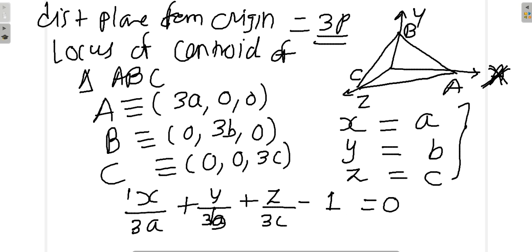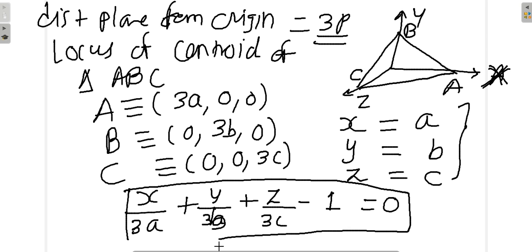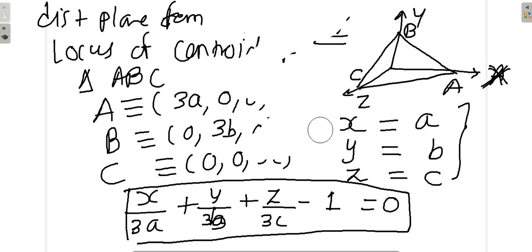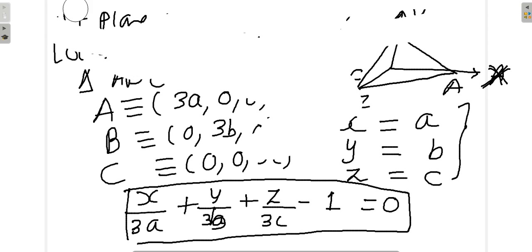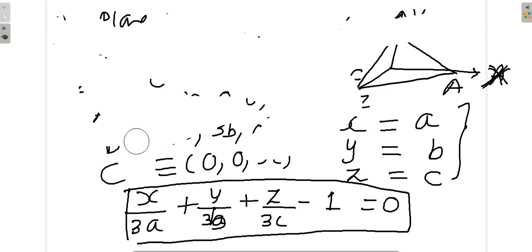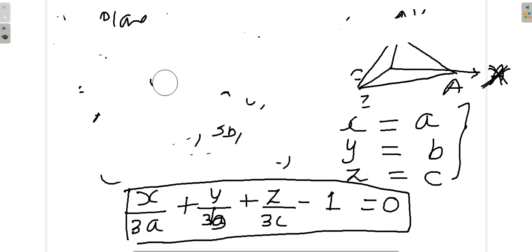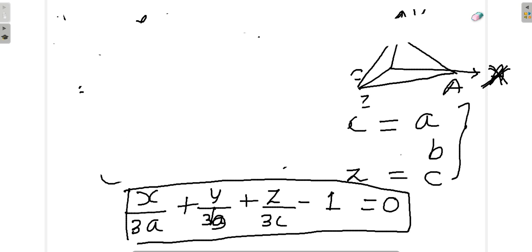Now the perpendicular distance of this plane from the origin is given to be 3p. So let us use the formula for perpendicular distance. We already know that. So what is the perpendicular distance from the origin? 3p.